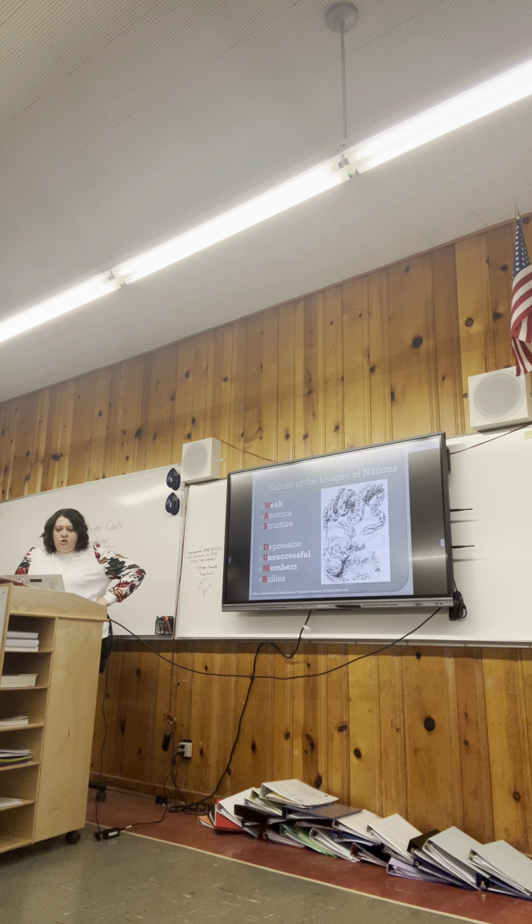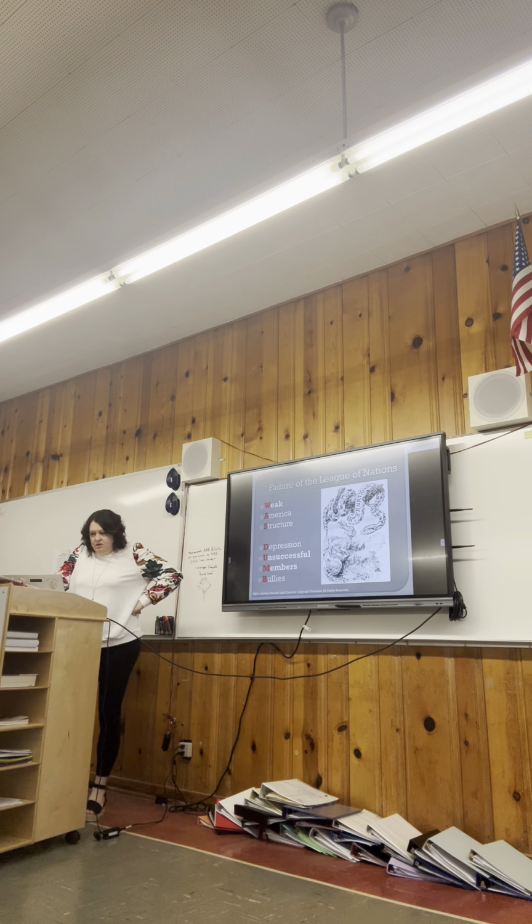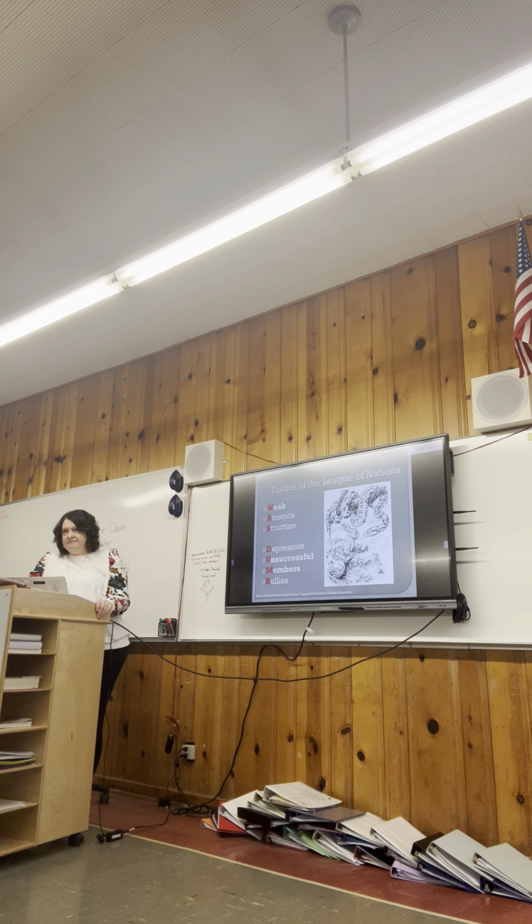All right, so in the cartoon there, what do you see? A bunny. A snake. Okay, the bunny and a snake. Okay, the bunny represents who? Okay, and what is the snake? International strife. Strife. Okay, what is strife? Struggle. Yes, struggle, hardship, okay?